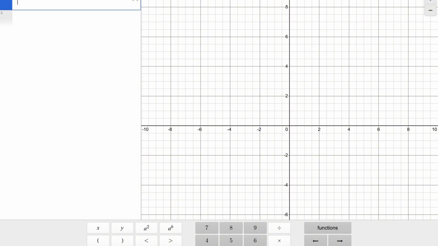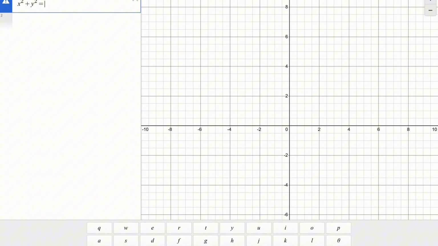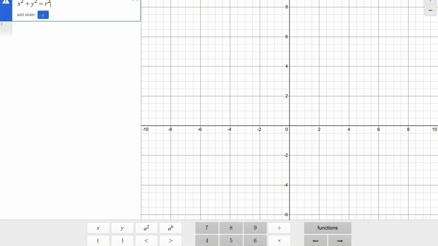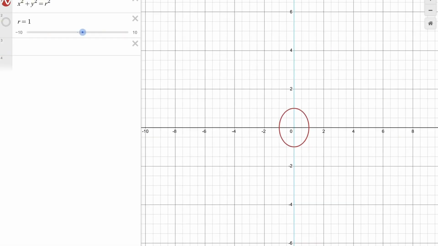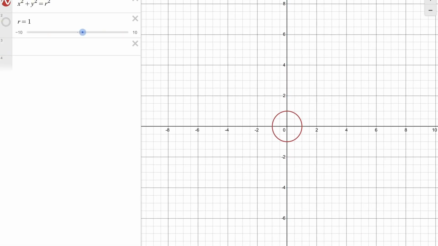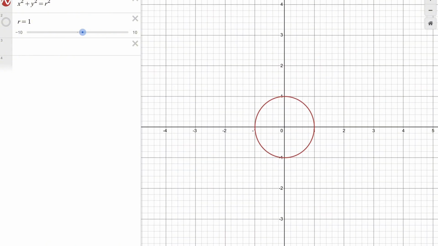I'm going to show you an example of x squared plus y squared equals r squared. I wanted to zoom in. Let's zoom in. Okay, and so you can see here that the radius is 1.